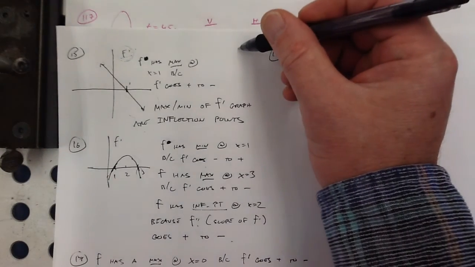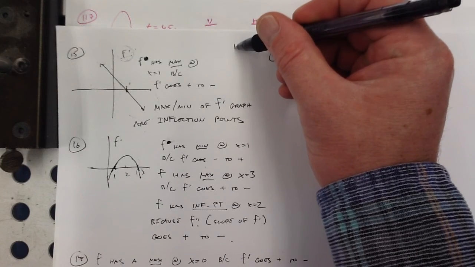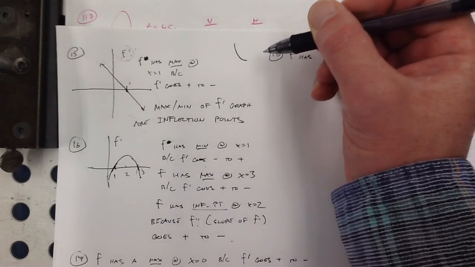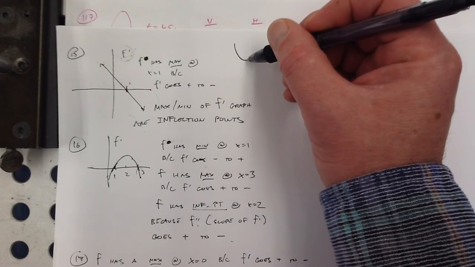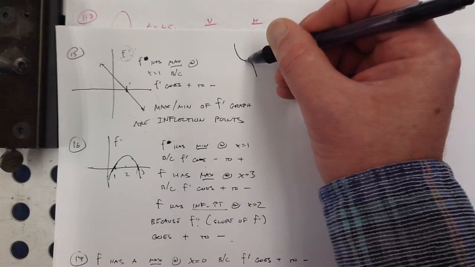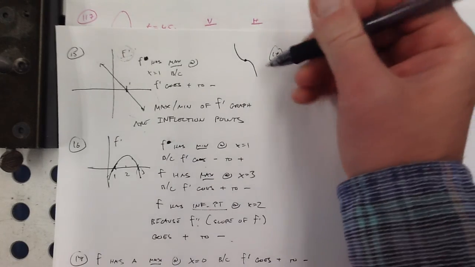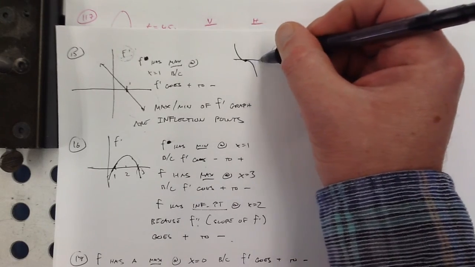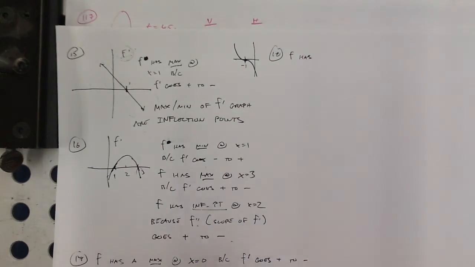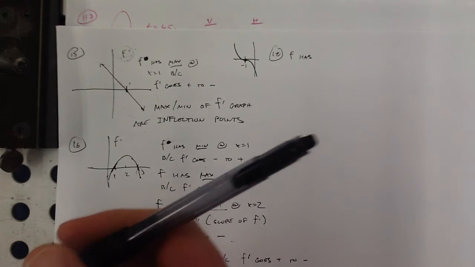Well, the original function there would be decreasing, and then the slopes are coming in to be 0, and it was like trying to have a minimum, but then the slope started to get more negative again. So there is a place where it's equal to 0, but the original function would look like this. So that is not a maximum or a minimum, and that's what they're asking for. So not either one.